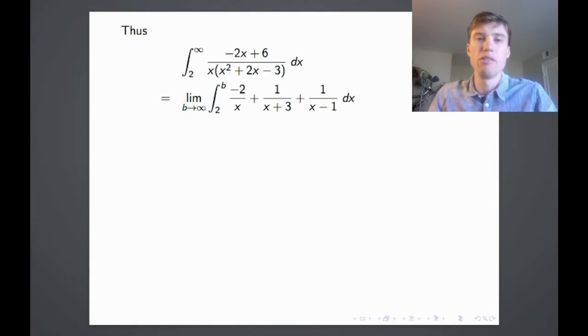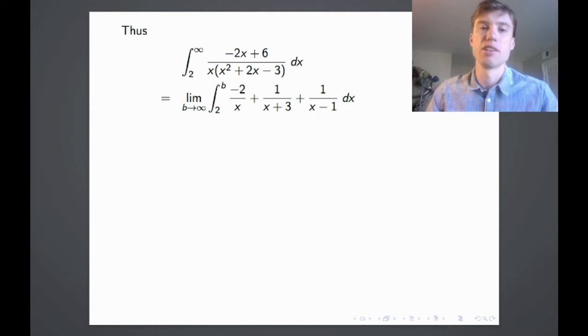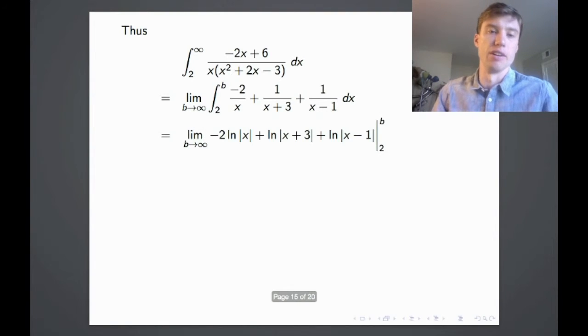Now we rewrite our improper integral from 2 to infinity as a limit of proper integrals: the limit as b goes to infinity of the integral from 2 to b of our sum of rational functions with respect to x. Now each of these simple rational functions has a nice antiderivative.